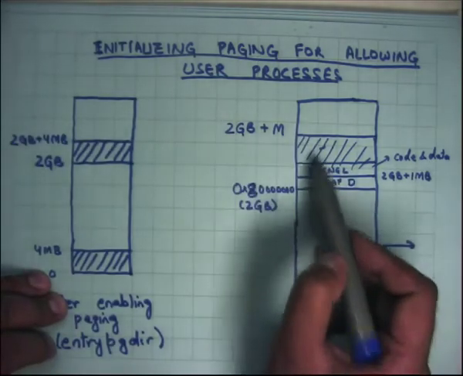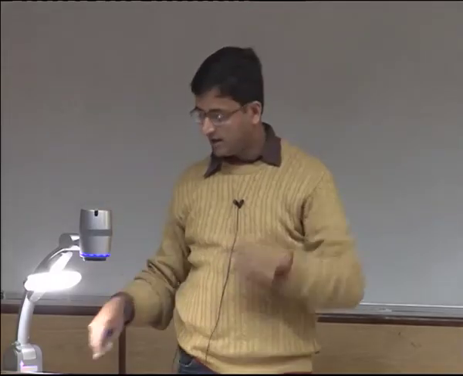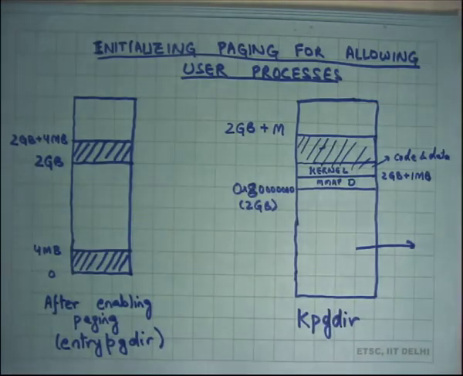Recall that the entire memory has been mapped here, so the entire memory has been mapped in my virtual address space. I allocate some area from that virtual address space, I get a page, I convert the address that I got to its physical address, and then I create a mapping on the user side to point to that. So these pages which are mapped on the user side actually have two mappings in the page table, one on the kernel side and one on the user side.